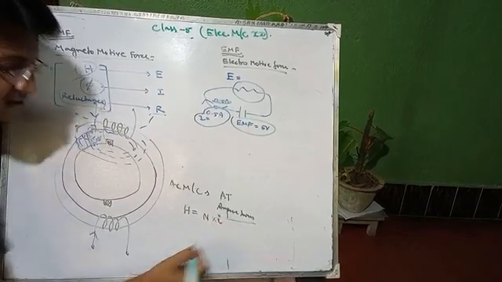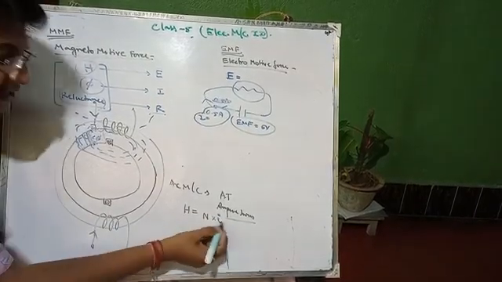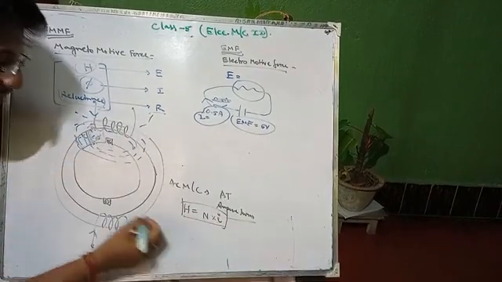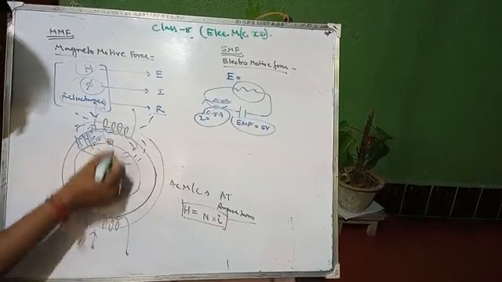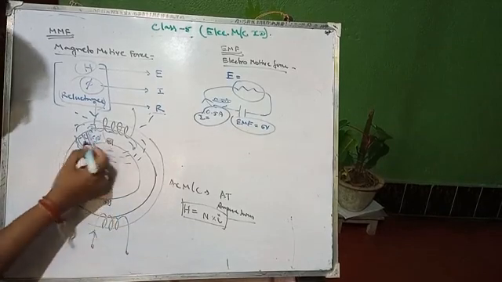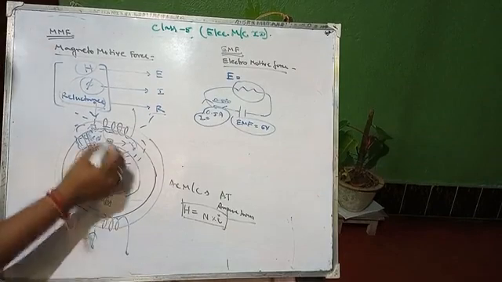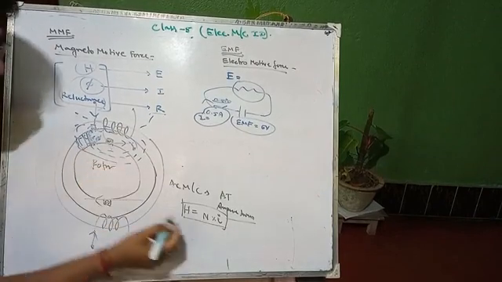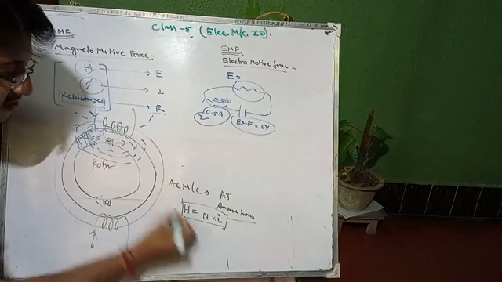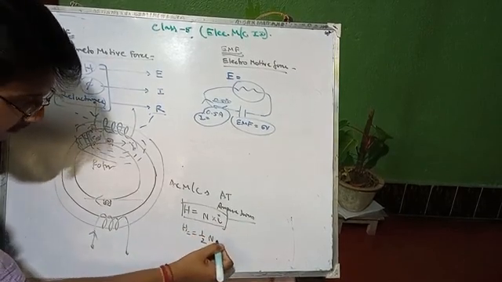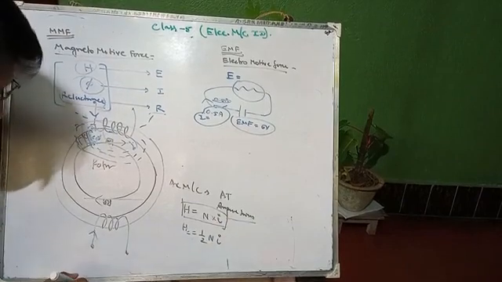So this H equals Ni is induced over this section. For simplicity we consider two conductors, one entering and another leaving, on the rotor part. So for each conductor, H of C is half of N into i.